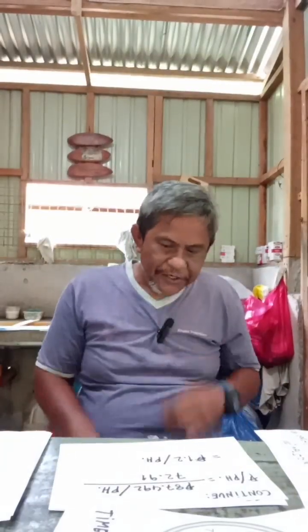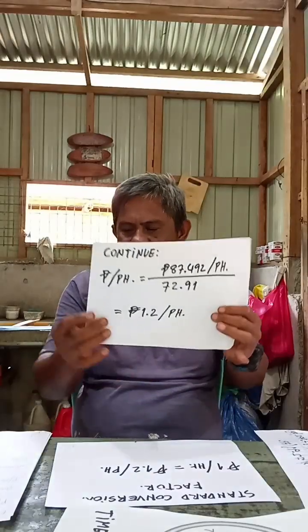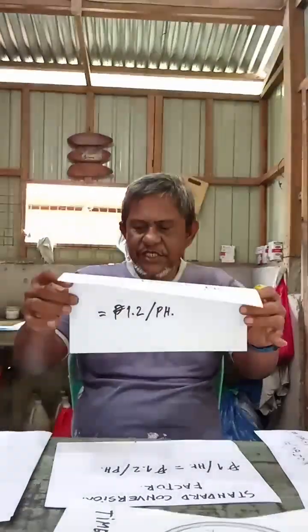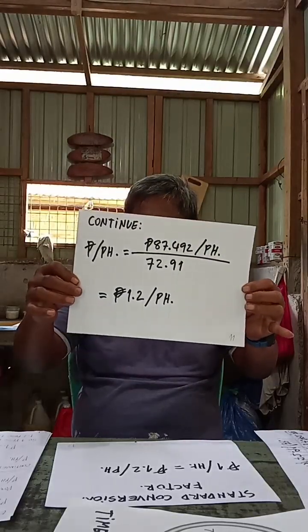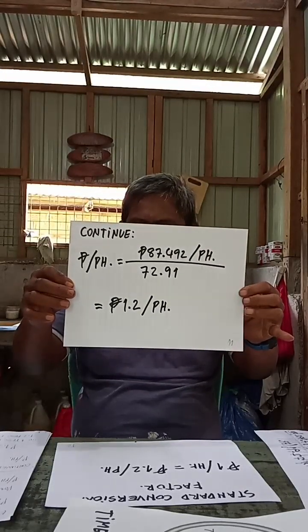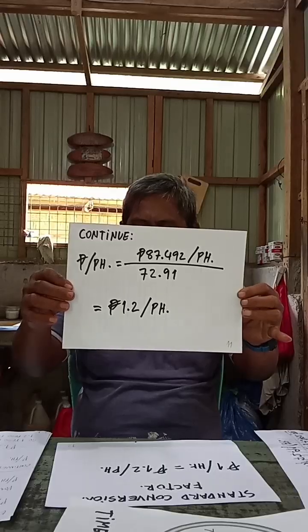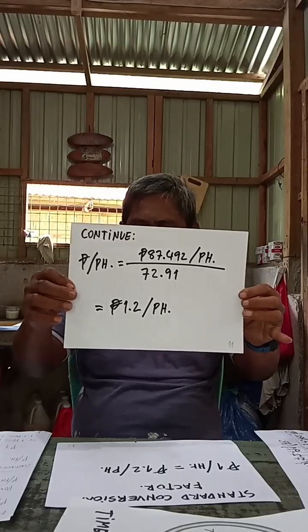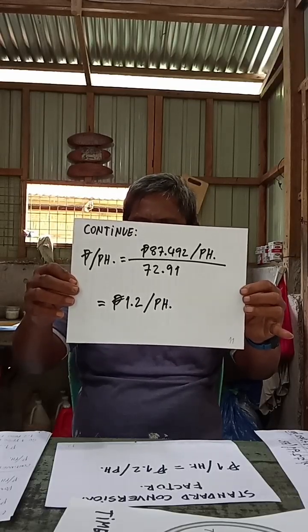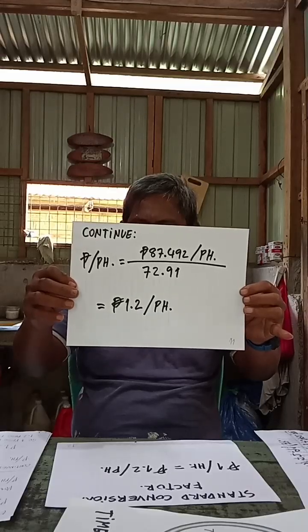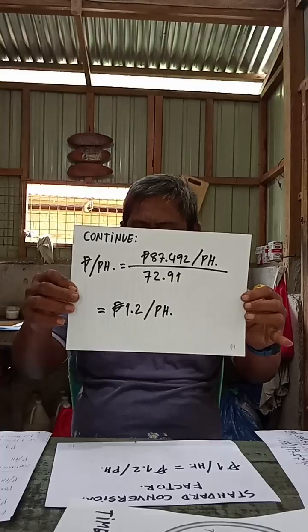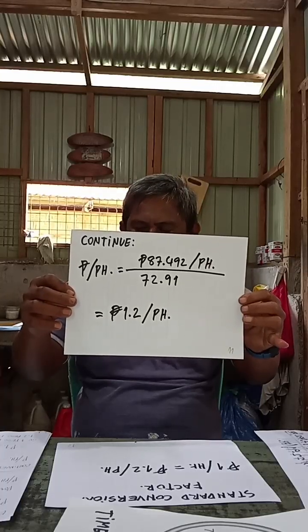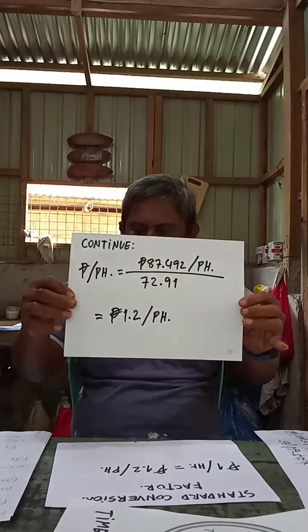So, continue. Pesos per peri hour: 87.492 pesos per peri hour over 72.91, so equals 1.2 pesos per peri hour.